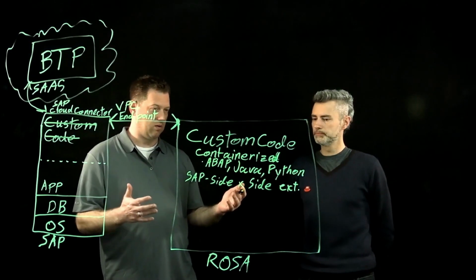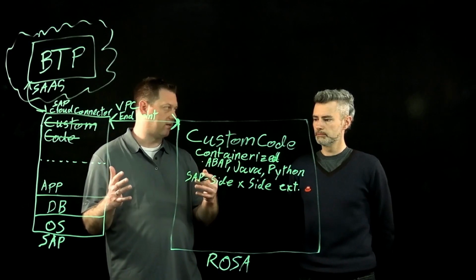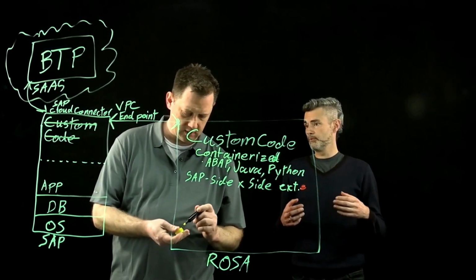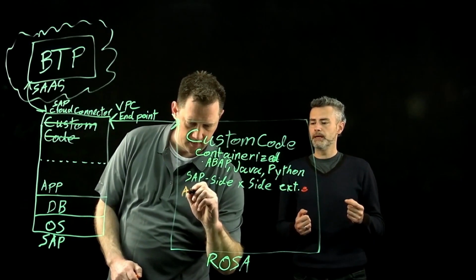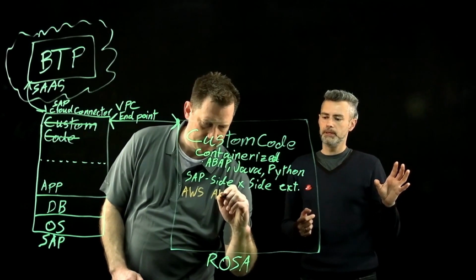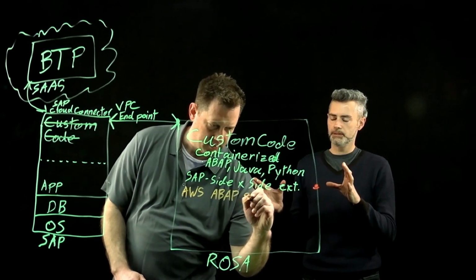Yeah. And then we have the AWS ABAP SDK that fits in here too, right? So that's like a library that has an API, and you can use that to consume AWS services from the SAP backend.